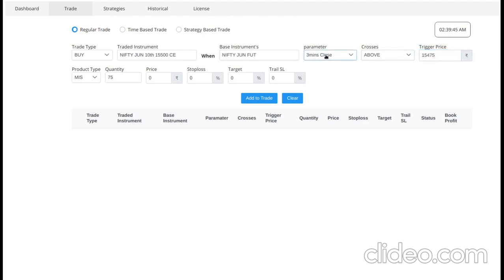As soon as the 3 minutes close is above this value, it automatically buys. The product you can specify here, something like MIS or CNC. So let's do an intraday trade.